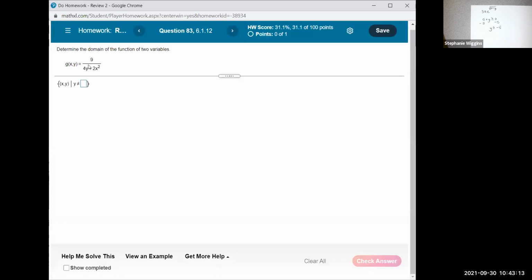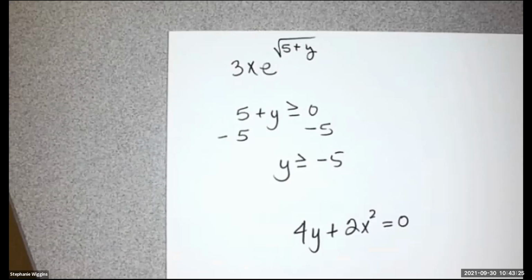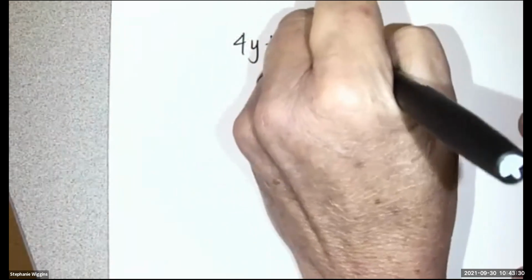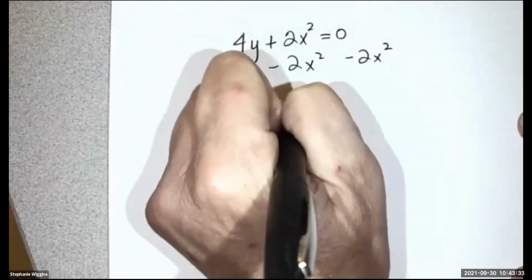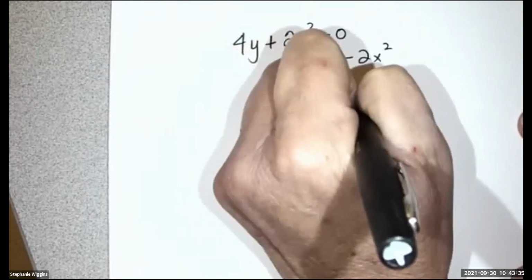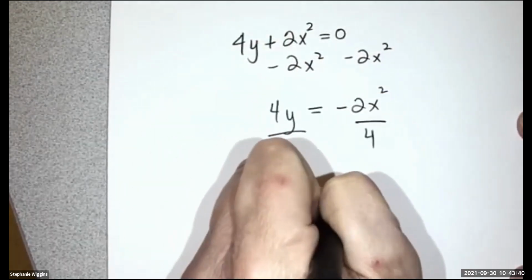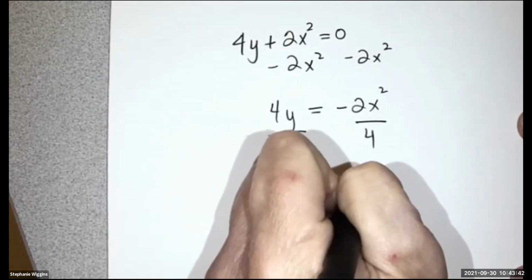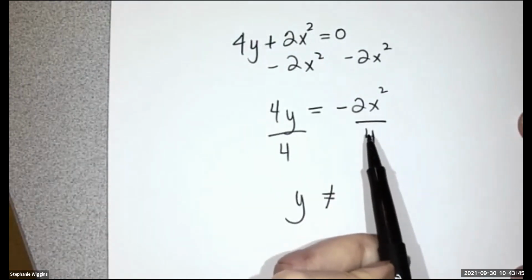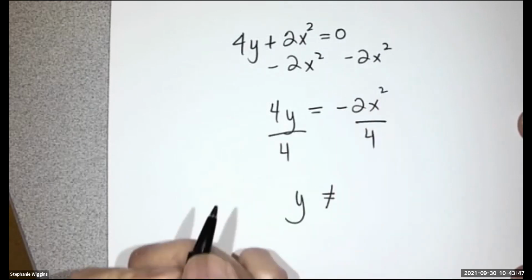Here you want your denominator not to be 0. So if you set 4y plus 2x squared equal to 0 and solve that for y, you're going to subtract 2x squared from both sides. And then you're going to get 4y is equal to -2x squared. And then you're going to divide by 4. So you want y not equal to, this is going to cancel, -x squared over 2.